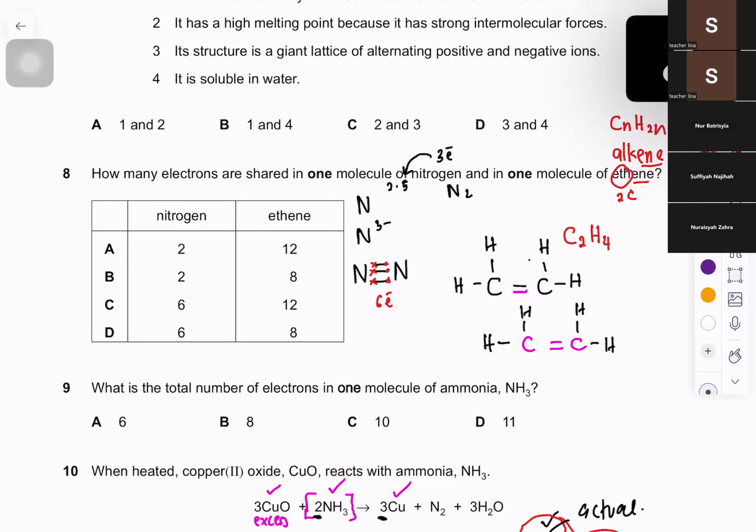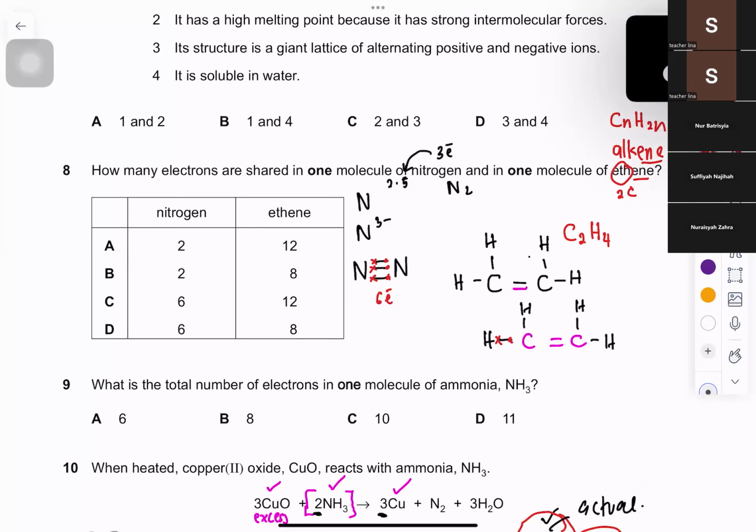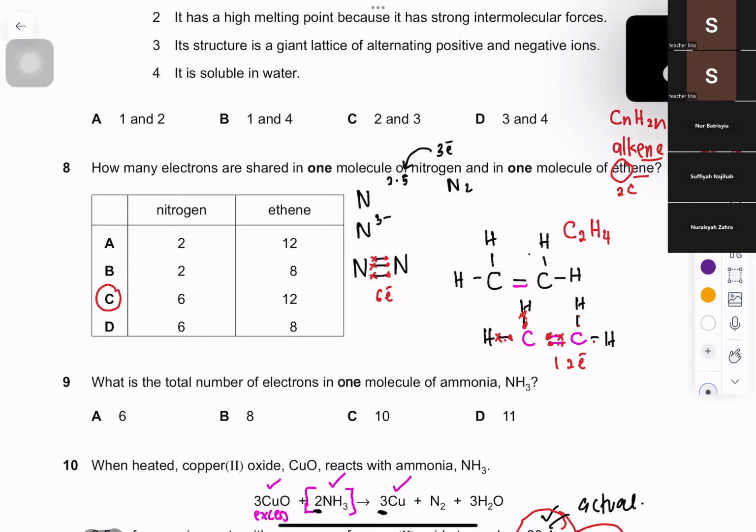And then for ethene, dot and cross, so 2, 4, 6, 8, 10, 12. 12 electrons. Is the answer clear? If you want teacher to repeat, tell me. Whoever does not understand, tell me. Others can also ask, no problem. Teacher will try to explain. For the one who asked, is it clear?